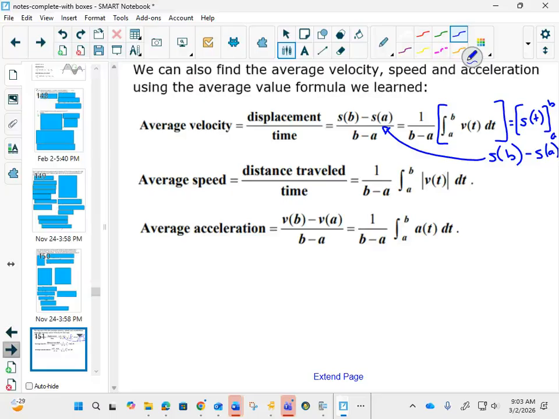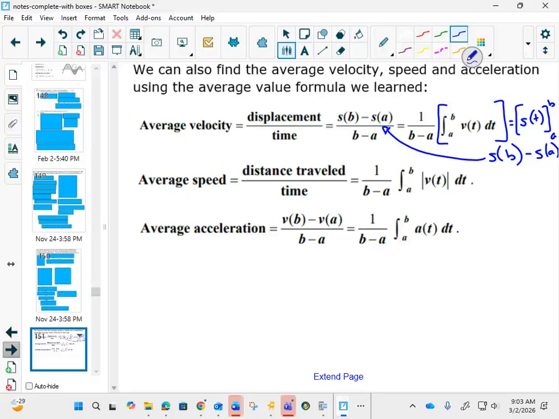But you might get this disguised as a velocity graph where they don't give you enough information and you have to calculate the area underneath to get your displacement. So it's neat to see those connections. Average velocity is displacement over time.